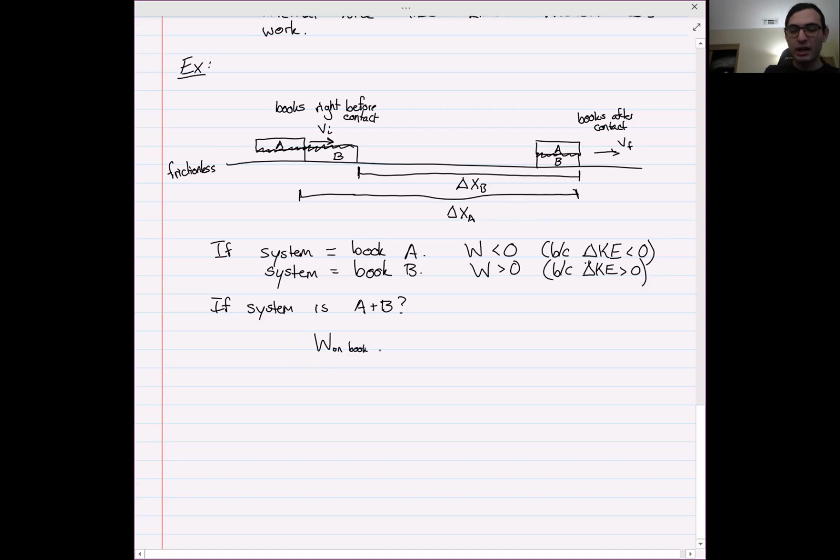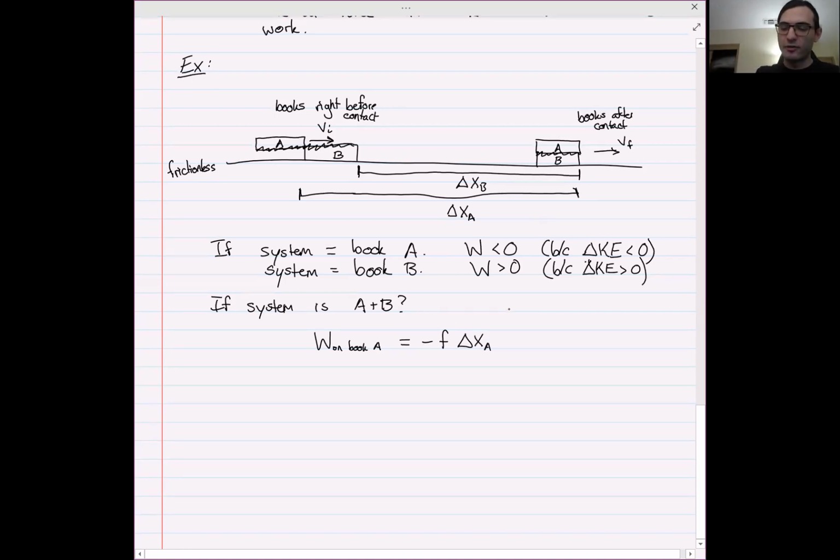The work on book A is equal to the negative of the magnitude of the frictional force times delta XA. So here, F equals magnitude of friction force.